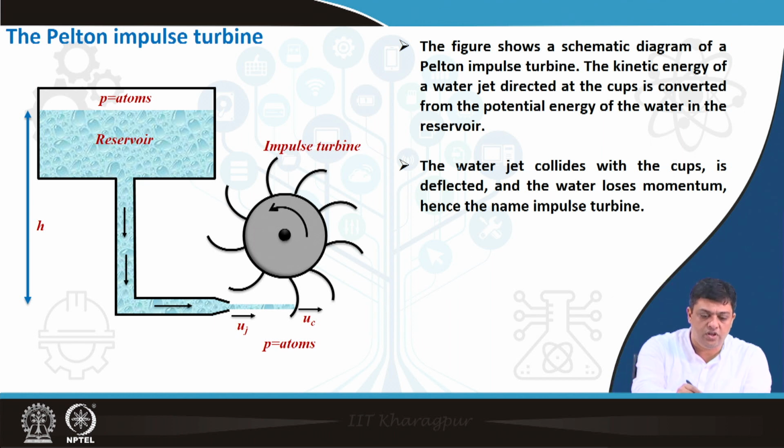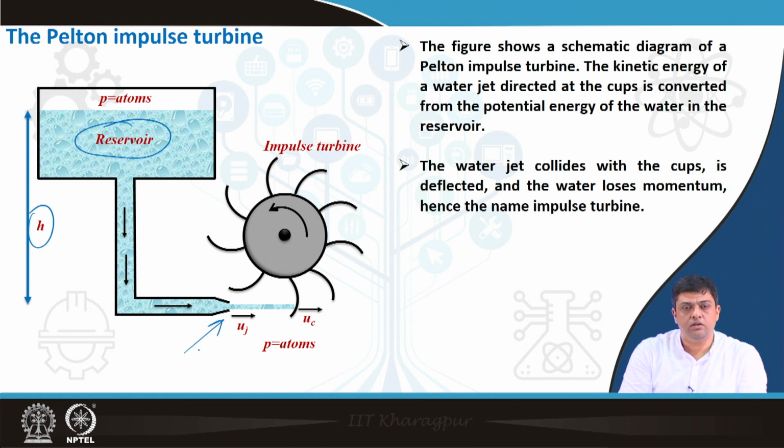So, what you have is the reservoir, you have the head, and down at the bottom you have the nozzle. At the nozzle you have the velocity of this fluid coming out as Uj, and if you see, this flowing water hits the turbine blade and that results in the motion of the blade.